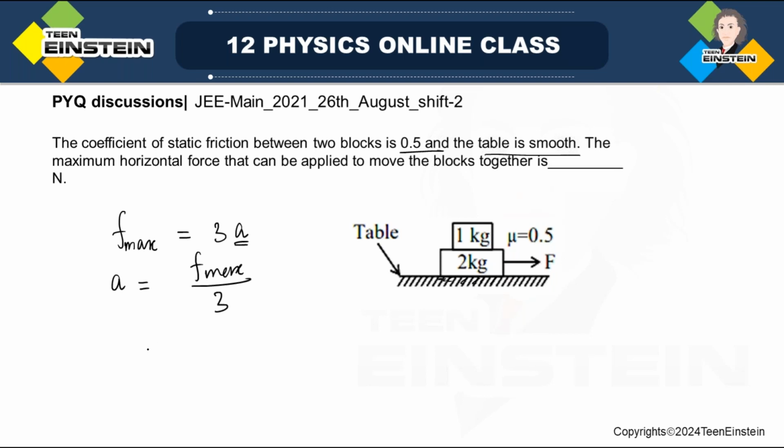Okay, then we will be able to find out the answer. So what is this frictional force between these two? Mu mg, right? Mu is given, so mu m g divided by 3. What is mu? Mu is given as 0.5, m is 1 kg, and g is 10. Okay, divided by 3, right? So what we get?